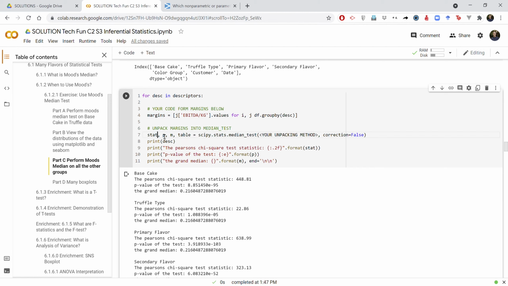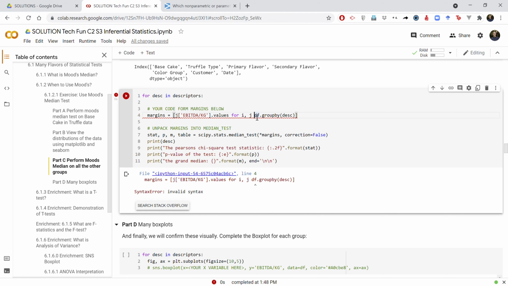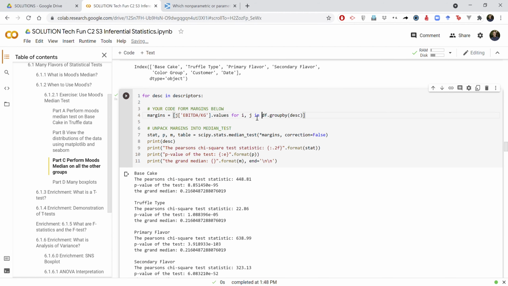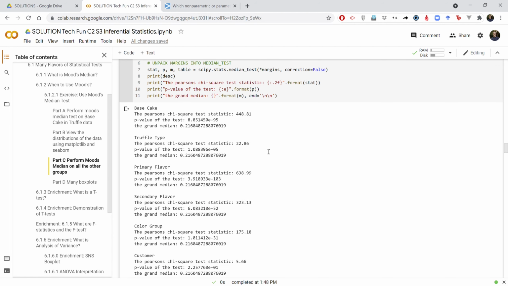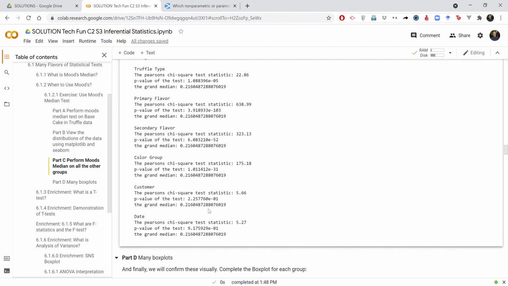And then we want to unpack these margins into median test. So we'll delete this and just do margins. For i, j, we need an in there. And there we go. We have base cake, truffle type, primary flavor, secondary flavor, color group, customer, and date.